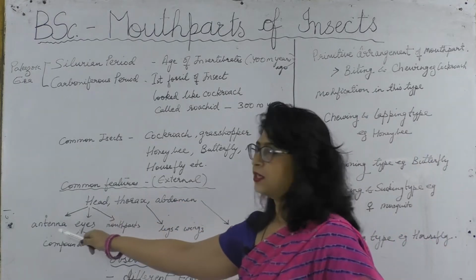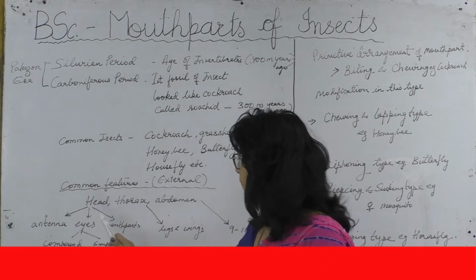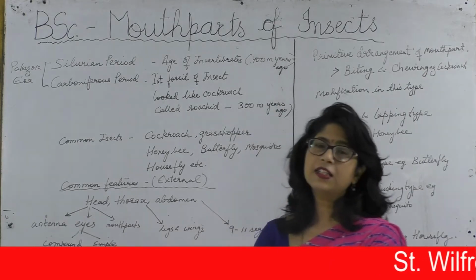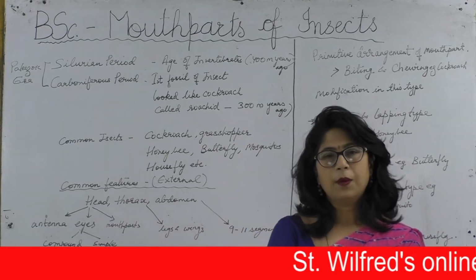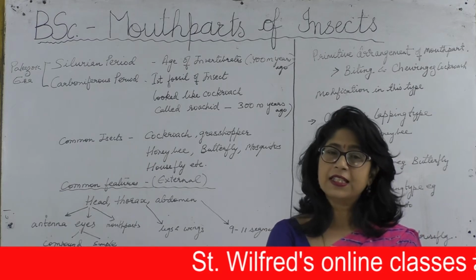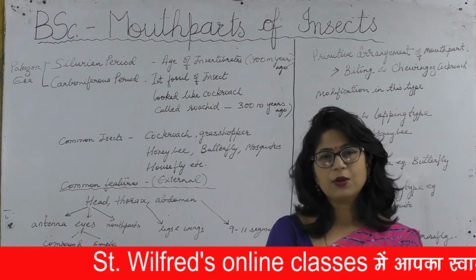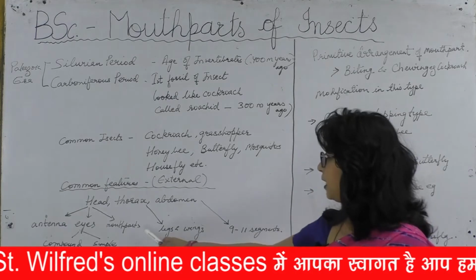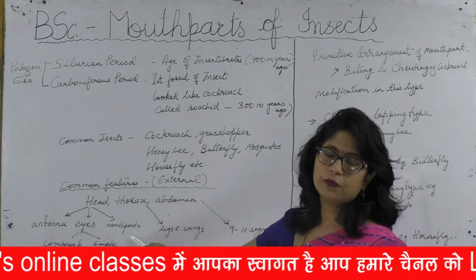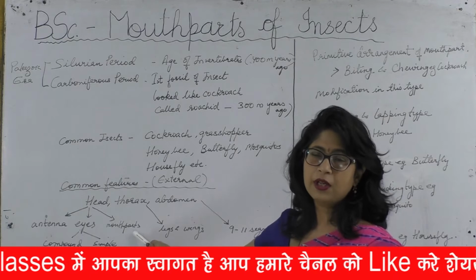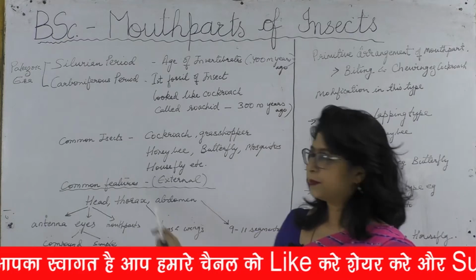The head bears a pair of antennae. Eyes are of two types, a pair of compound eyes and simple eyes, which are called the ocelli. And they have mouth parts through which they feed on the food material.